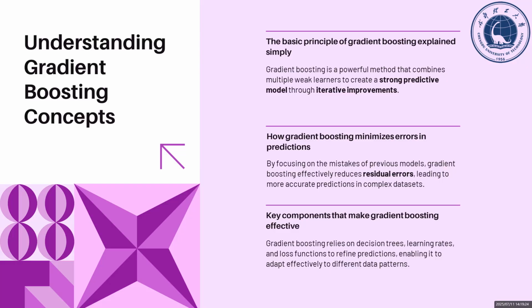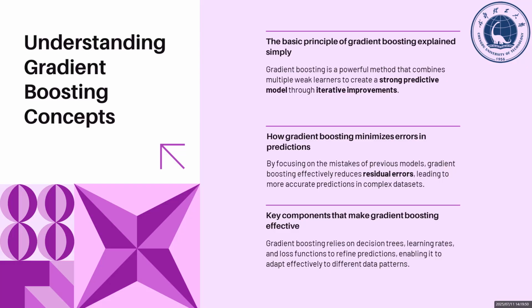Secondly, let's look at how gradient boosting minimizes error in prediction. Now, by focusing on the mistakes of previous models, gradient boosting effectively reduces residual errors, leading to more accurate predictions in complex datasets.